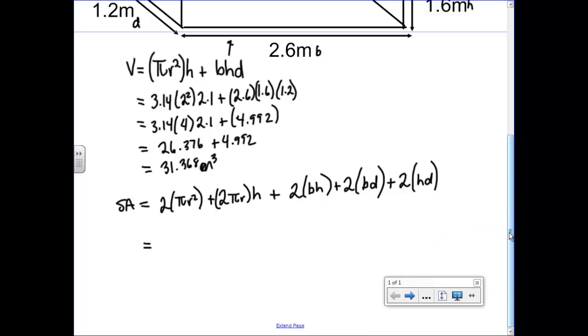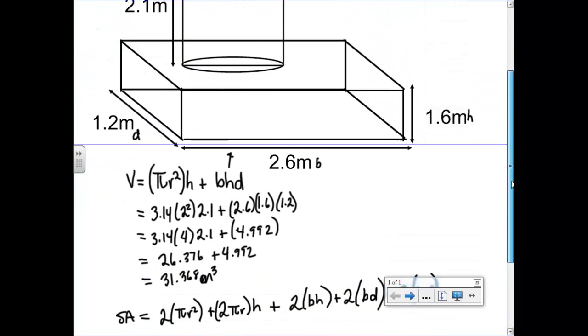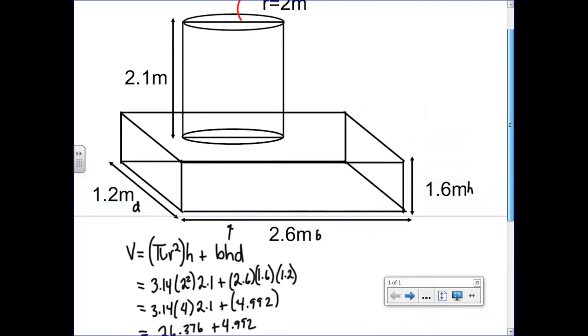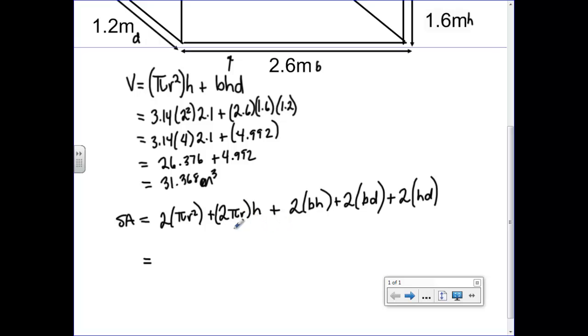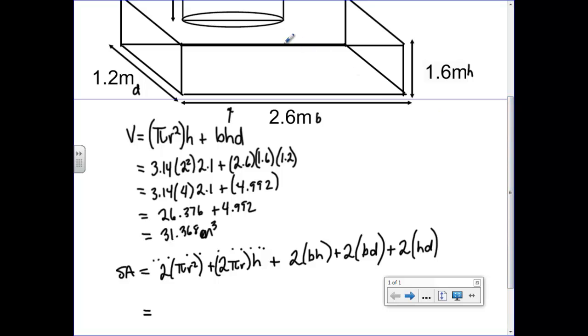Okay, then we get to surface area. Surface area is a bit different, and this is where the diagram lies to us, so we're just going to work with the numbers. Here I have the surface area of the cylinder, and then the surface area of the rectangular prism. There are 2 of the same sides, so that's why I'm multiplying by 2.